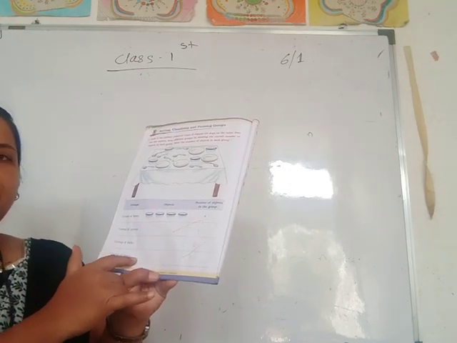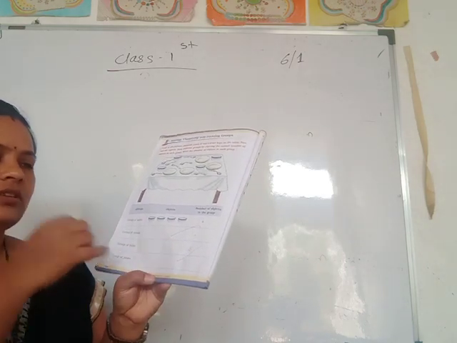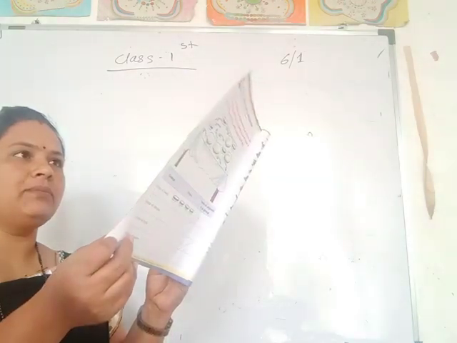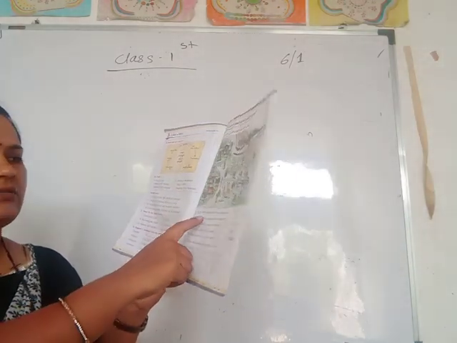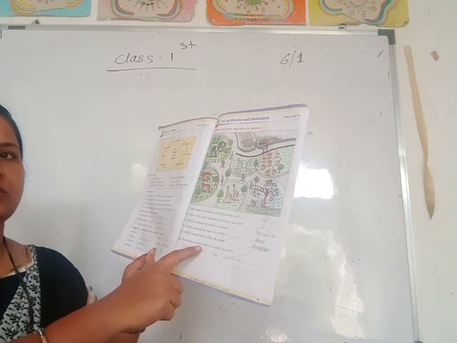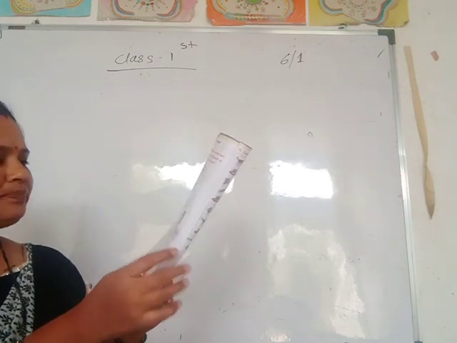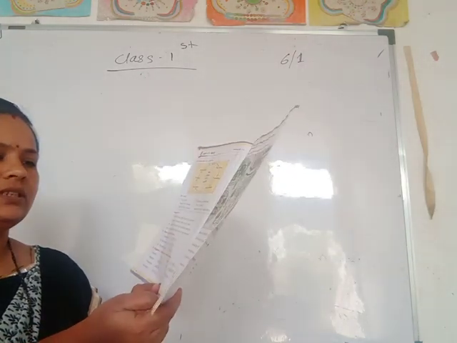Then group of plates, also draw a picture and write the number. And on this page number 76, observe the picture; questions are also given and you write the answers to these questions. Okay, then in homework you complete this page number 76.